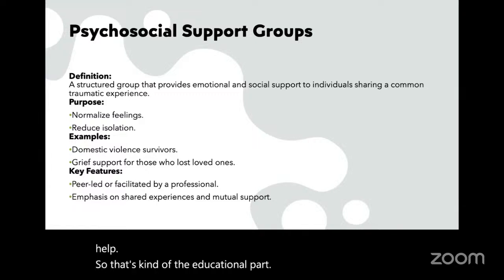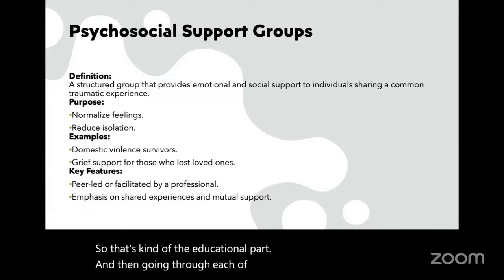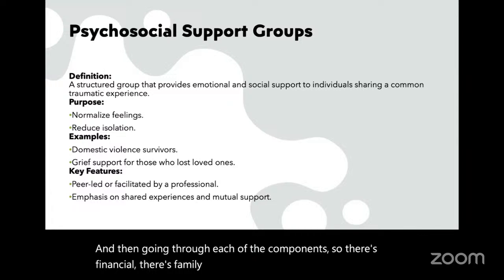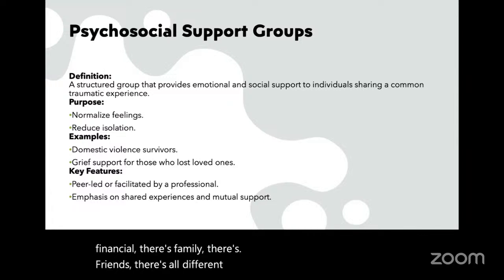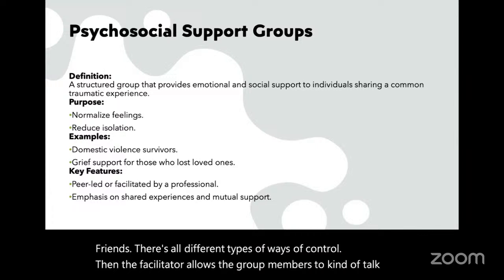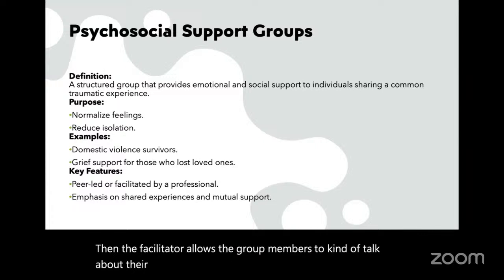And then going through each of the components, so there's financial, there's family, there's friends, there's all different types of ways of control. Then the facilitator allows the group members to talk about their experience with financial abuse, psychological abuse, emotional abuse.